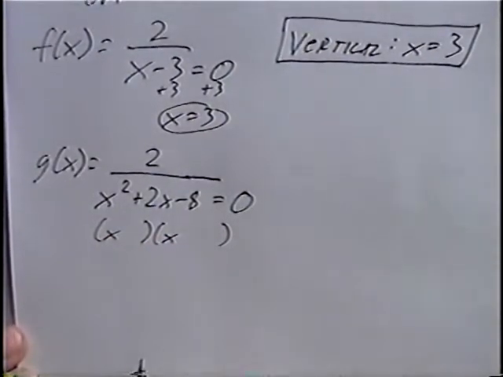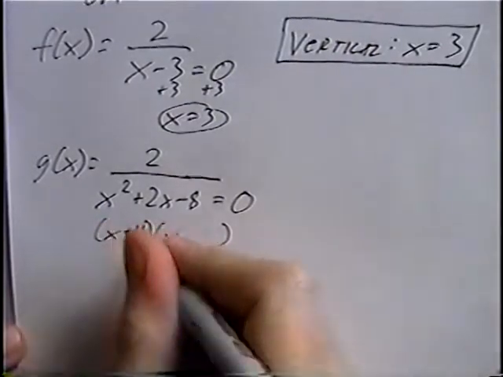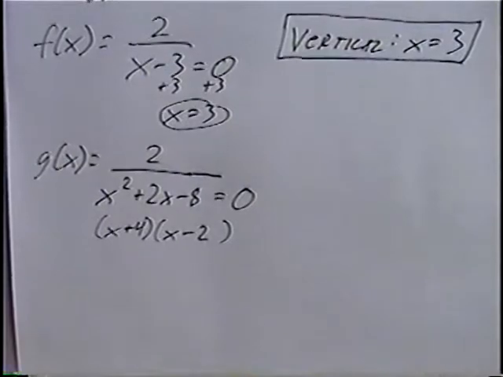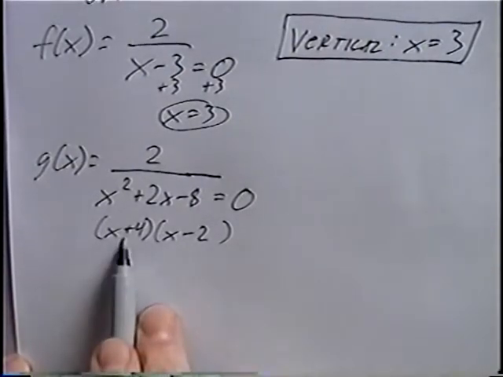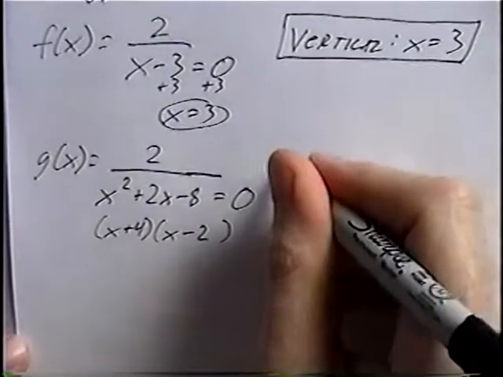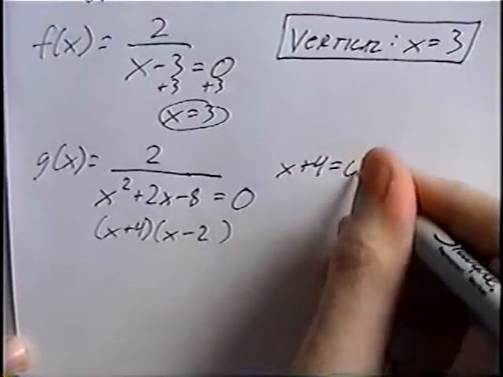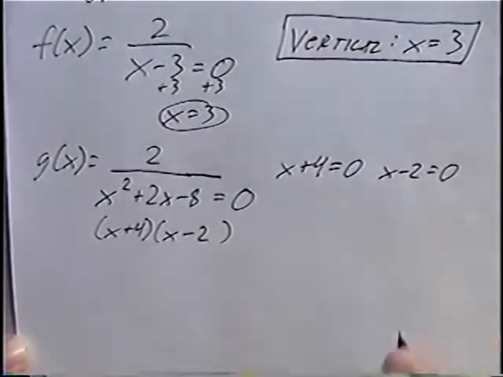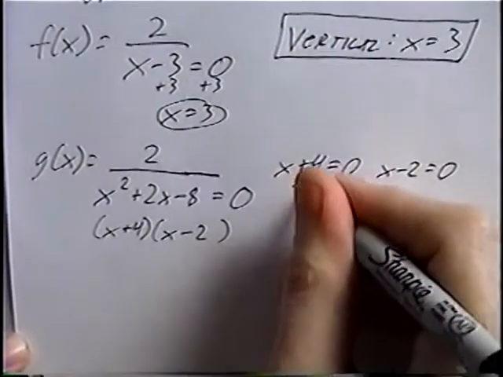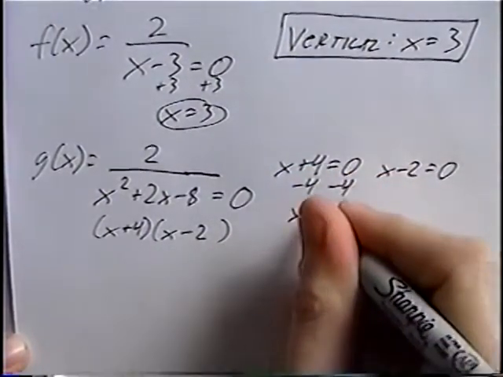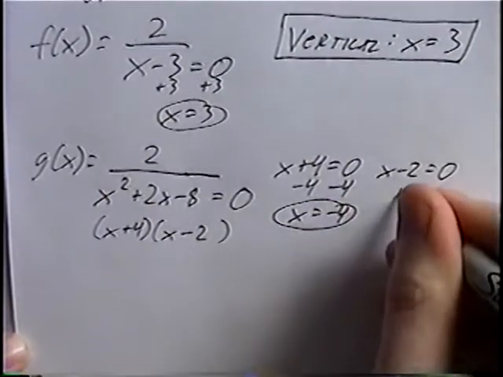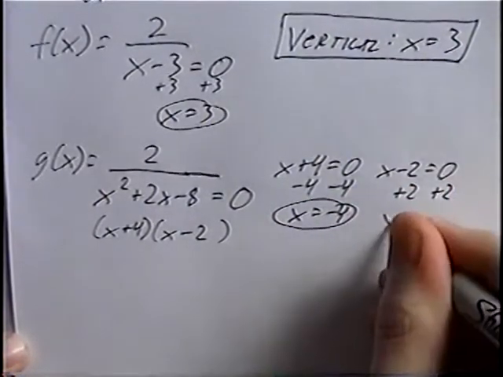This would factor to x plus 4 and x minus 2. And again, to solve this, each of these could be equal to 0. So x plus 4 could equal 0, and also x minus 2 could equal 0. If you solve each of these, you'd have x equals negative 4 and x equals positive 2.